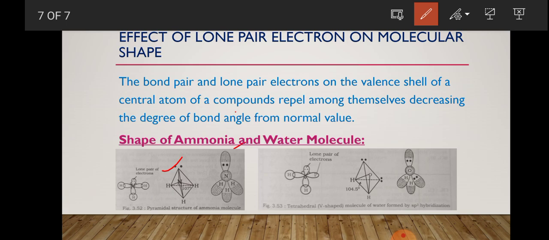That's why ammonia has a triangular pyramidal shape, because ammonia has one lone pair electron.